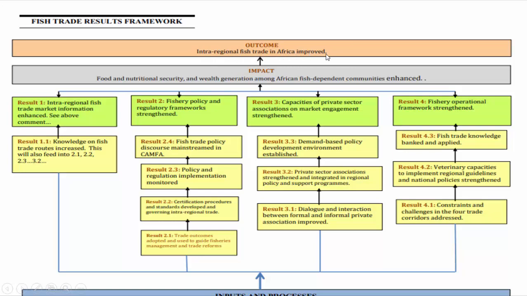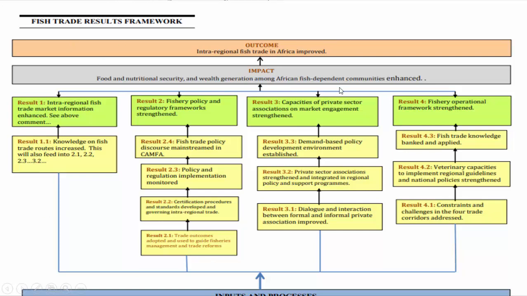So you can see that the presentation is so different from what you get in a logical framework or M&E framework, because what you're doing now is just coming up with these boxes and trying to present your case in a logical manner. So this is an example of a results framework.